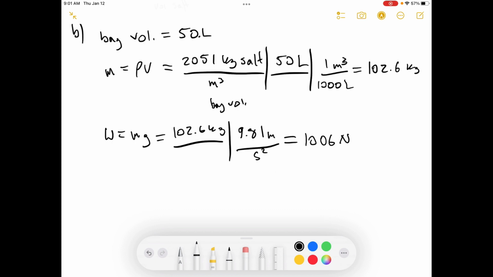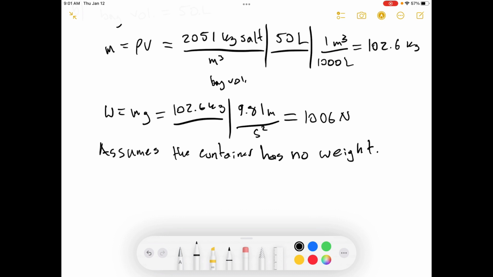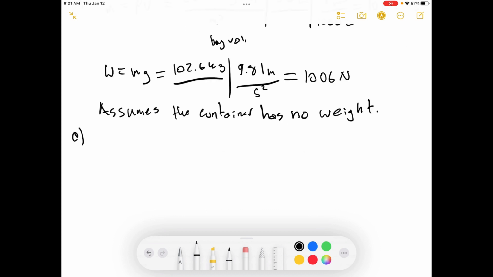However, this calculation assumes that the container, the bag itself, is negligible, that the weight of that is negligible. So it assumes the container has no weight.